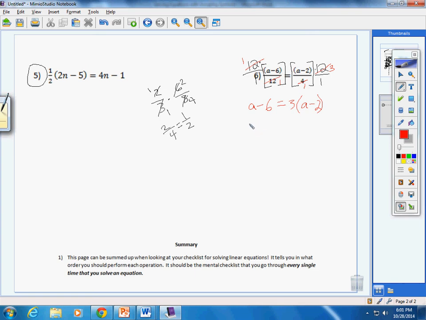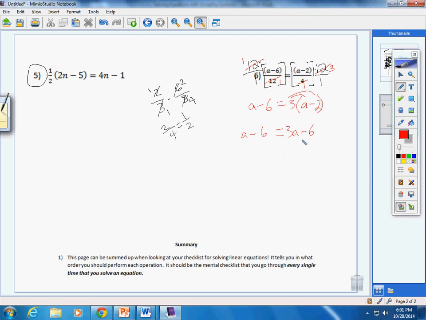Okay? Now, step 2 says remove any parentheses on the left. We don't have any. Skip it. Step 3 says remove any parentheses on the right. All right, let's distribute. So 3 times a is 3a, and 3 times 2 is 6. Of course, we still have a minus 6 over here. Let's continue. Combine like terms, don't have any.